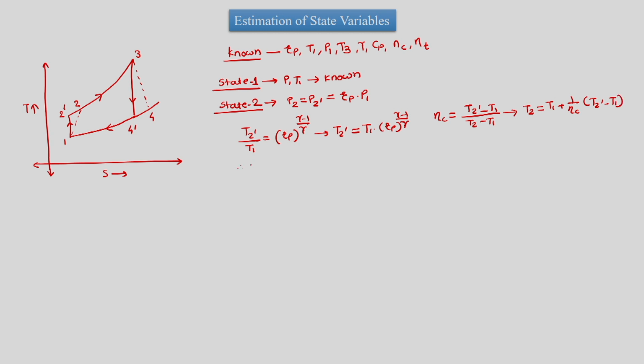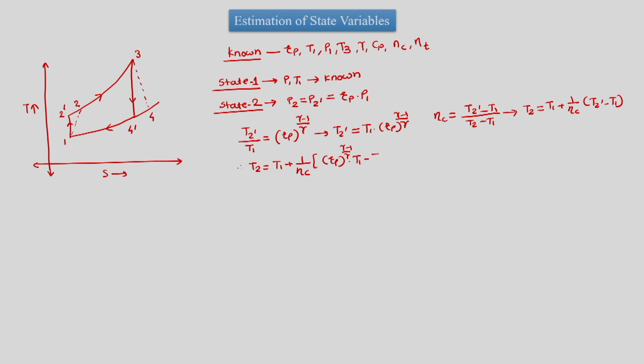So we can calculate T2 as T1 plus 1 upon compressor efficiency into T1 into Rp raised to gamma minus 1 upon gamma minus T1.